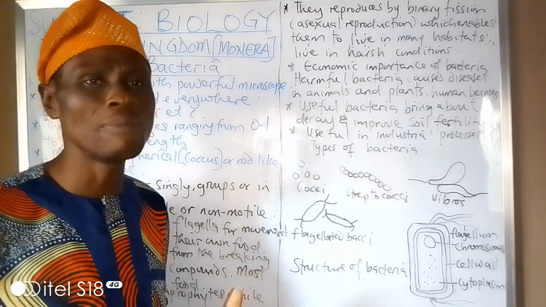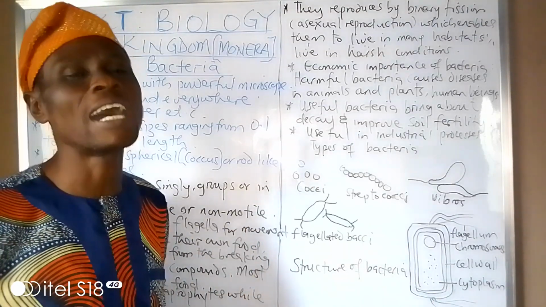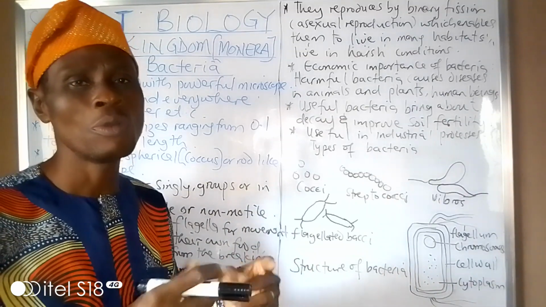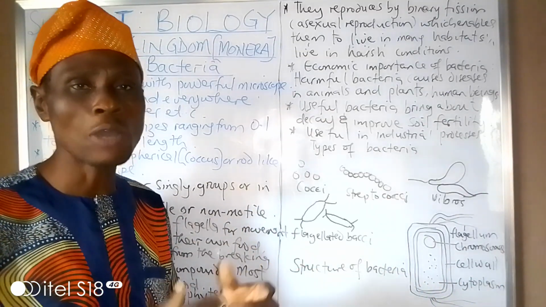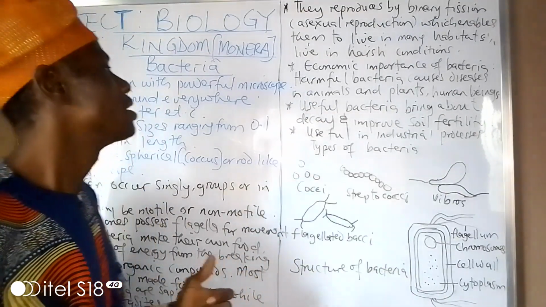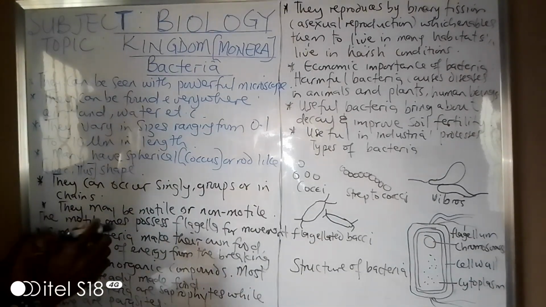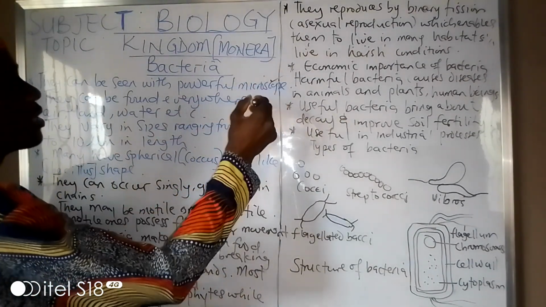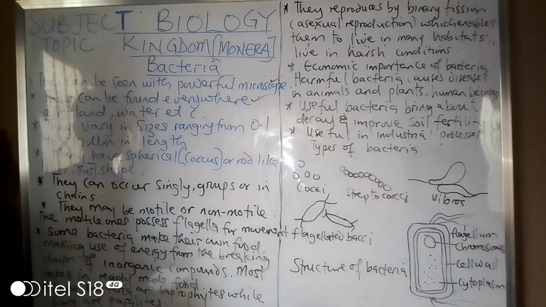They are not visible to the naked eye, so you make use of a powerful electron microscope or light microscope to observe how they look. They can also be found everywhere: in the air, on land, and in the water.